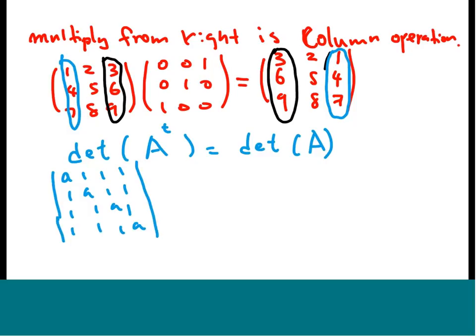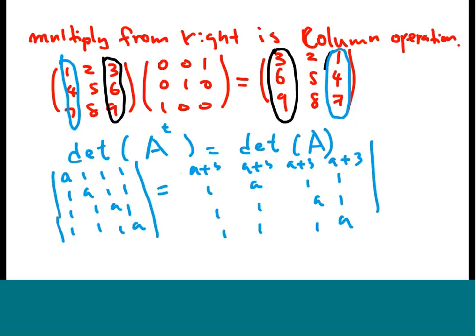Okay, let's do it in that way. Add it together. So A plus 3, A plus 3, A plus 3. So these are 1. You can pull the A plus 3 up.